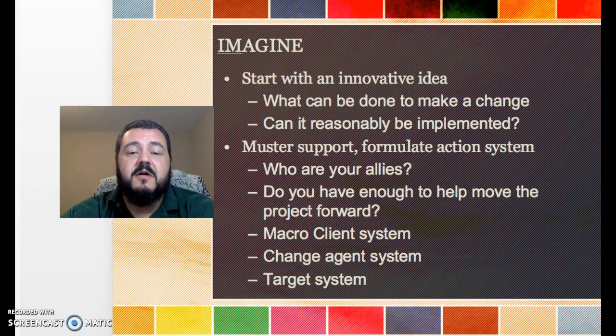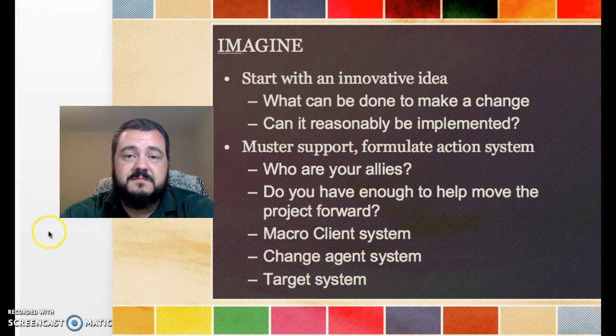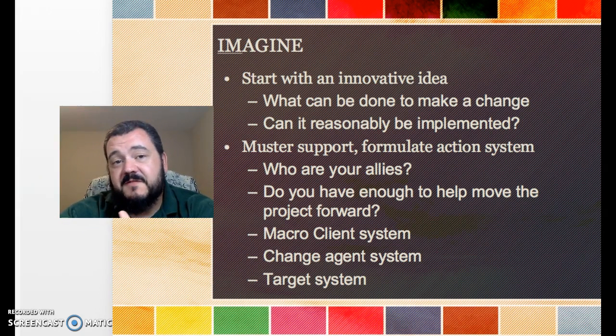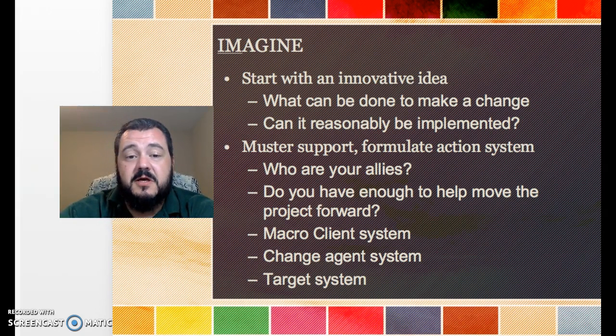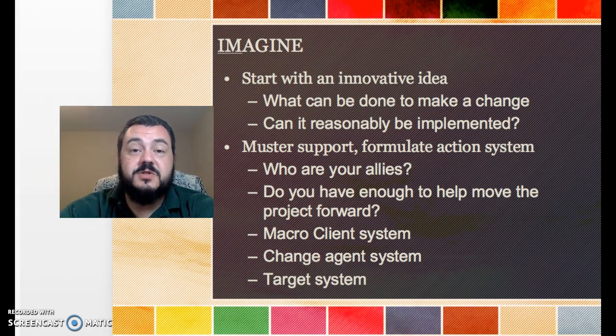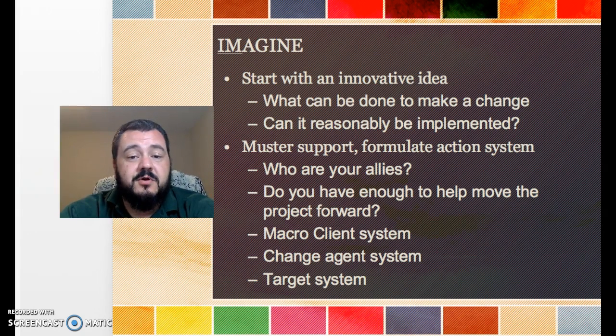So you'd look at, all right, who's the macro client system? Who is going to be benefiting? In this case, the group of people that would be benefiting would be the community, right? Well, who is going to actually make this change happen? Community members. And then who is it that we're trying to change? The community. So it's all one group, right?